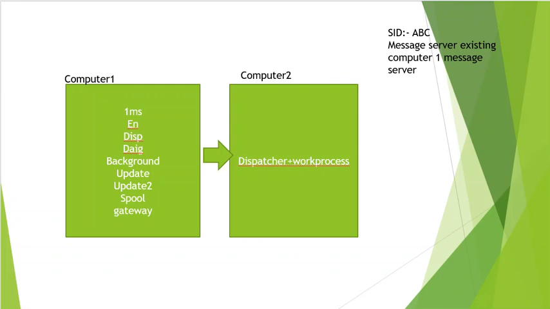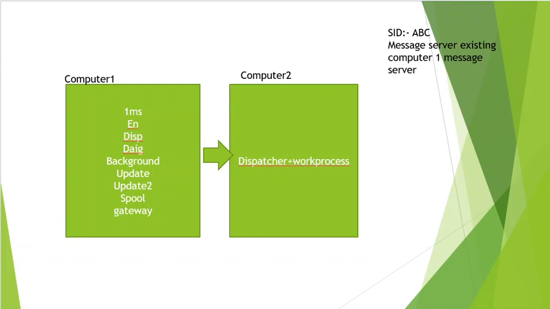So fundamentally, what we have to understand here is, one SAP system can have only one message server. Wherever you see two different message servers, that means two different SAP systems.